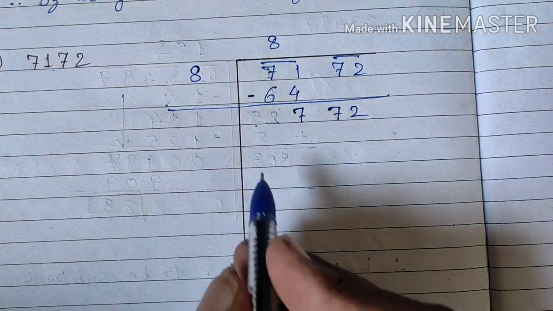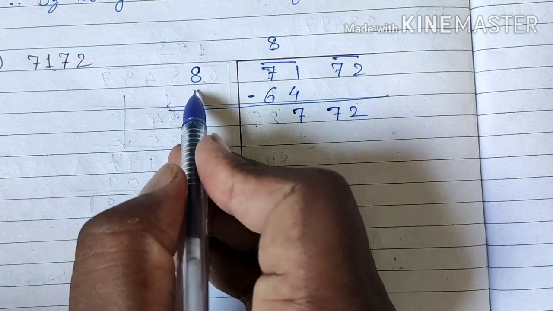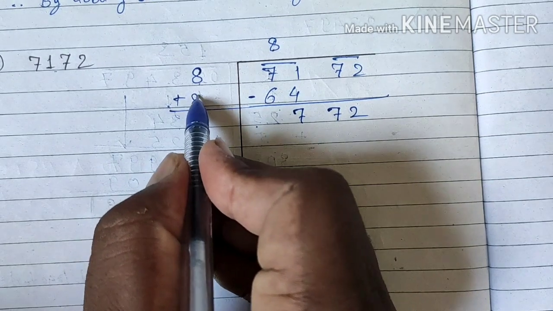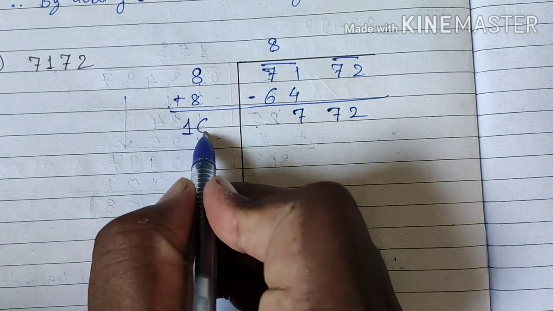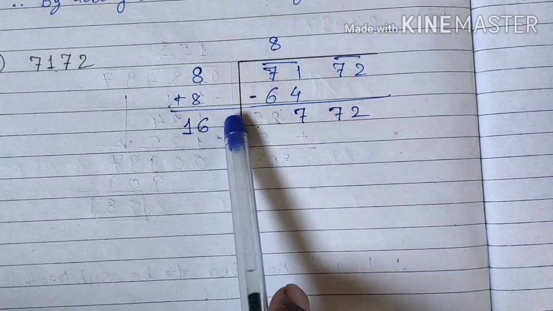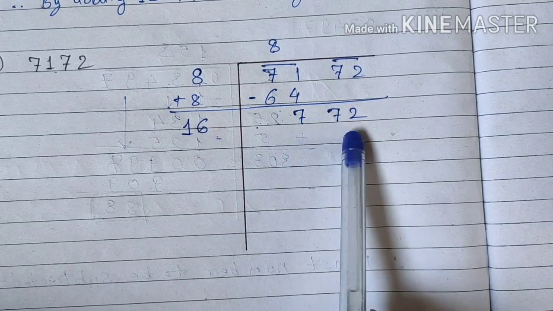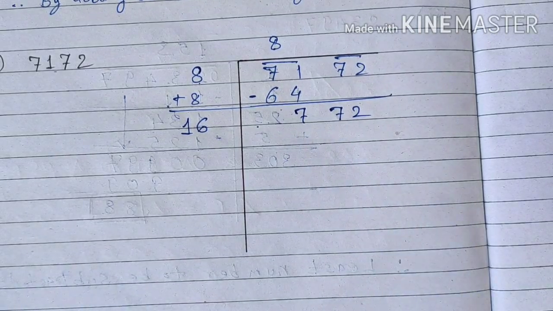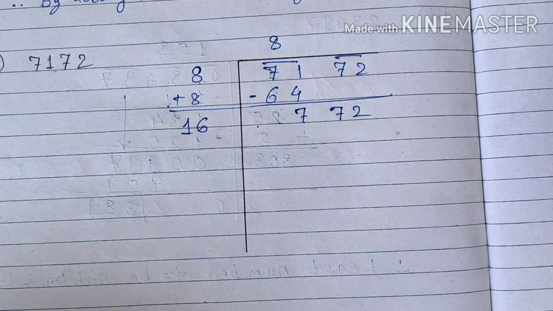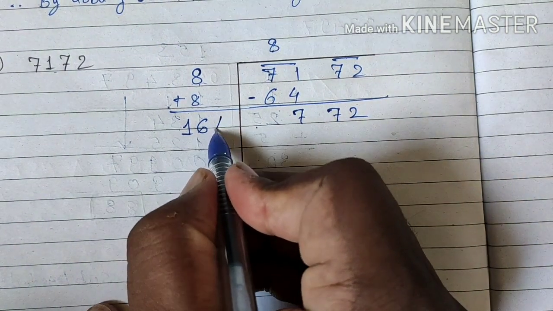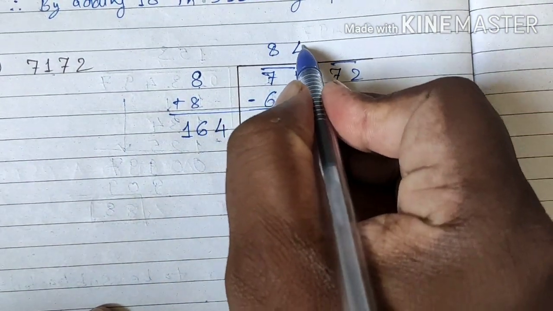Got it? Now what we have to do? This number we have to add to this 8. 8 plus 8 we are getting 16. Now here we have to take such a number that, multiplied by the same number, we get a number near to 772. So that number is 4.